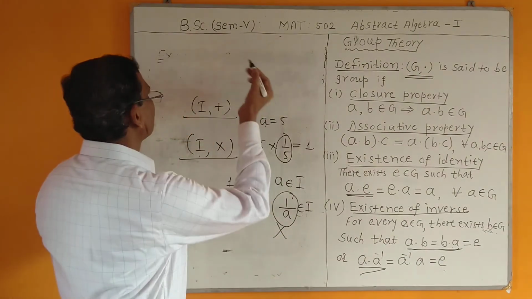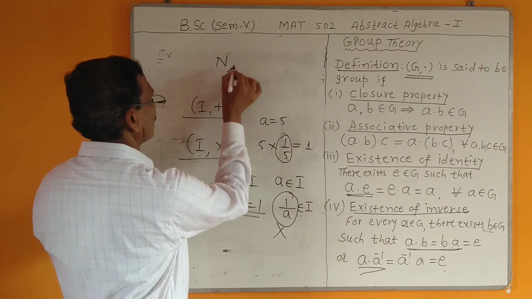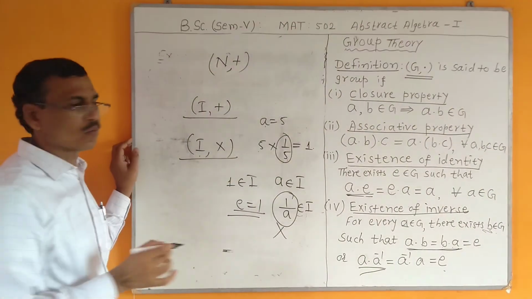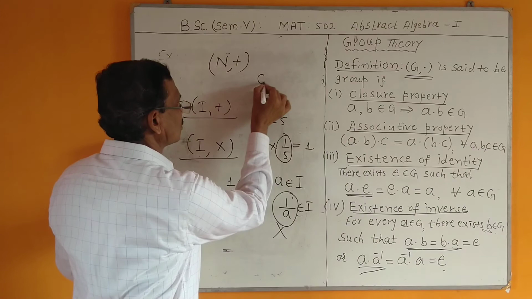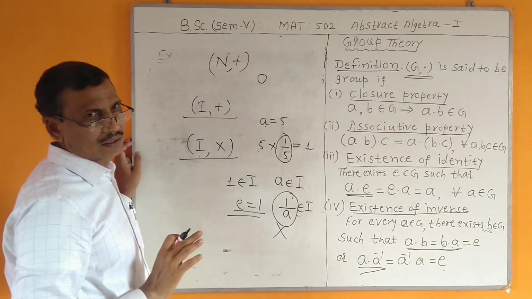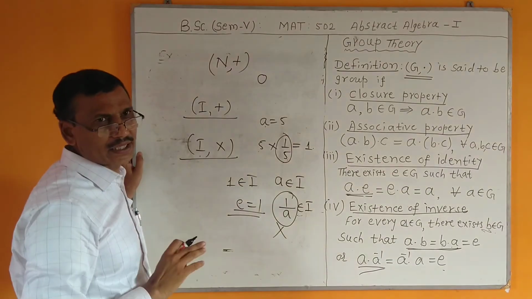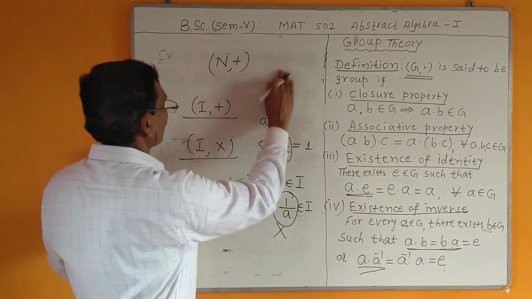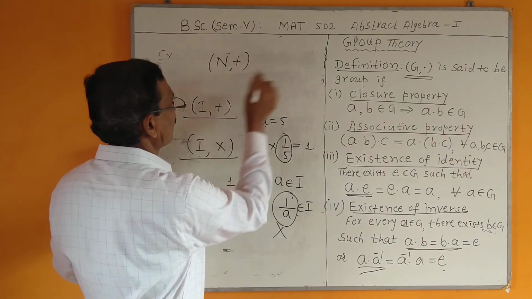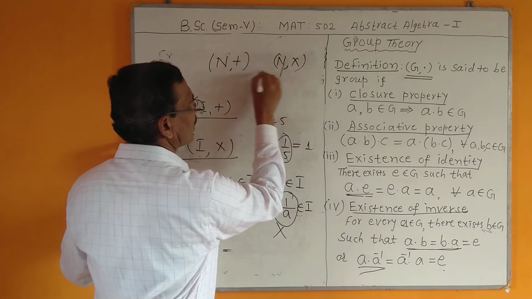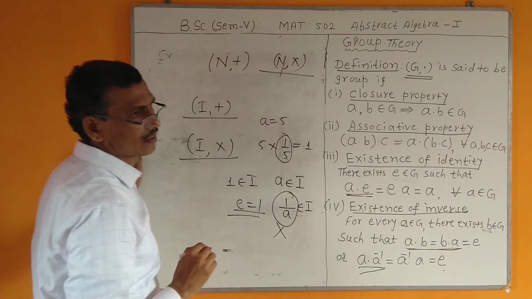Similarly, we can say that N plus is not a group because 0 is the identity element and 0 is not a natural number. That means 0 does not belong to N. Means N plus is not a group. N multiplication is also not a group because the inverse element does not exist.